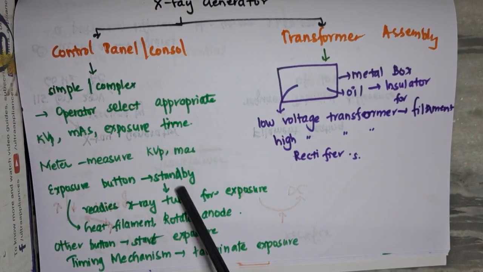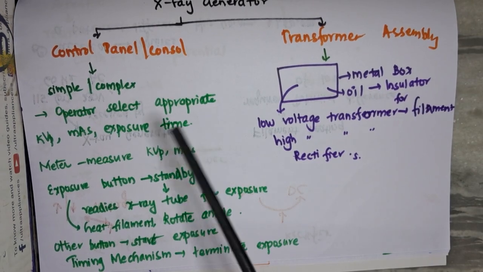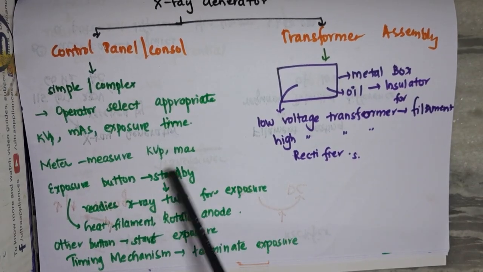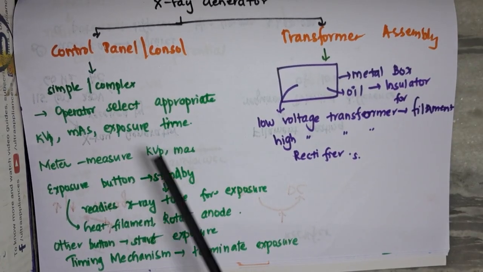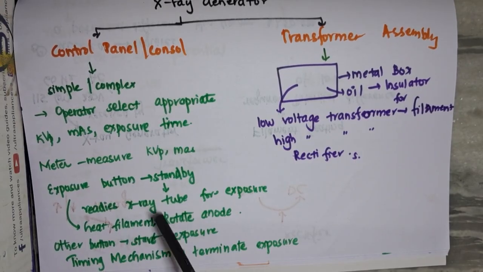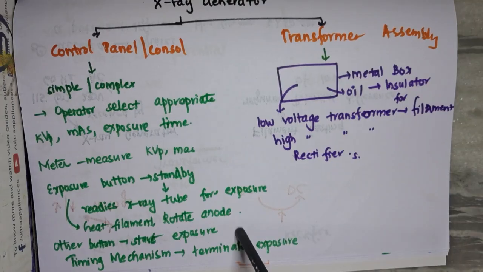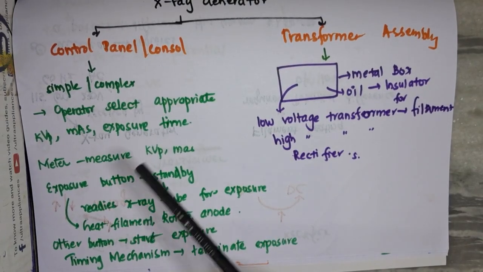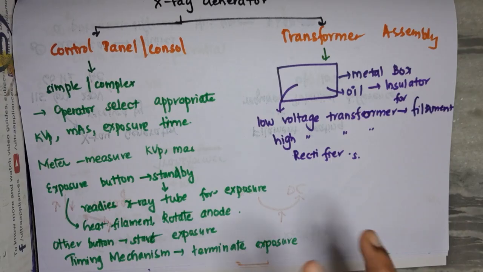When you press this standby button, it readies the X-ray tube for exposure. It will heat the filament and rotate the anode, but it will not result in exposure of X-rays. It heats the filament just enough to produce the electron cloud, but not sufficiently to cause electron acceleration from cathode to anode.